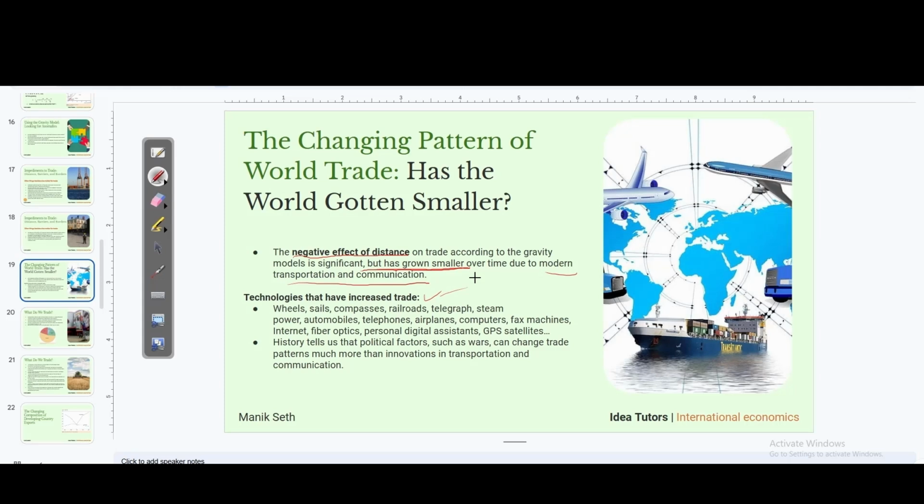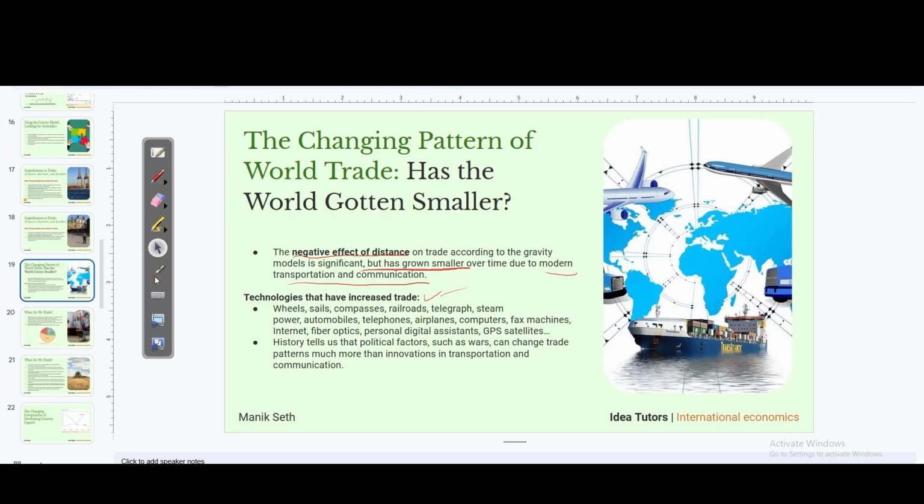If you try to get some data on this, you will see that whenever there are wars like the World Wars, there is a drastic drop in trade all over the world. So these are the things that impact trade, and war has a much stronger negative impact than any other thing.